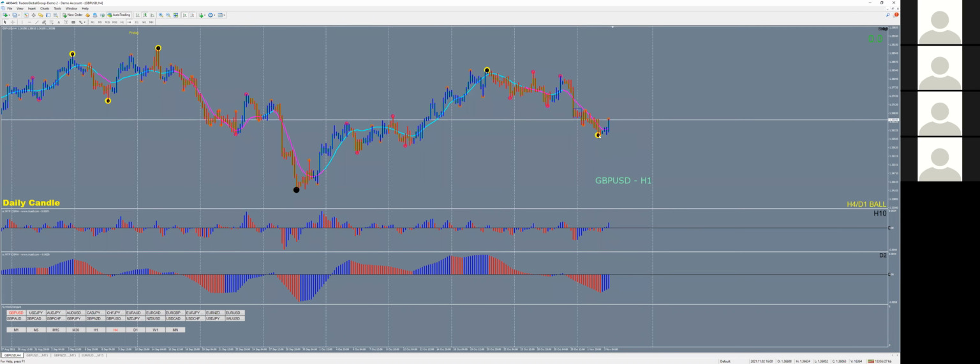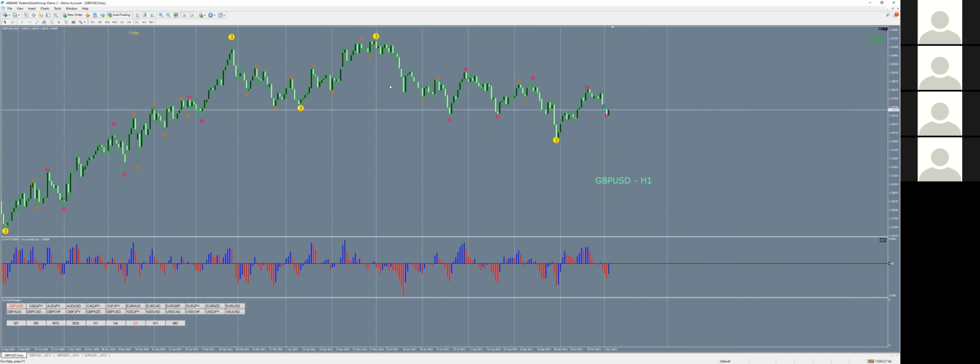Now, Raphael and Costas, the little black circle in the inside of this yellow ball, it's actually a daily ball. Oh, okay. So if I go to my daily, I know there's a ball. Perfect. So that's what you're seeing.